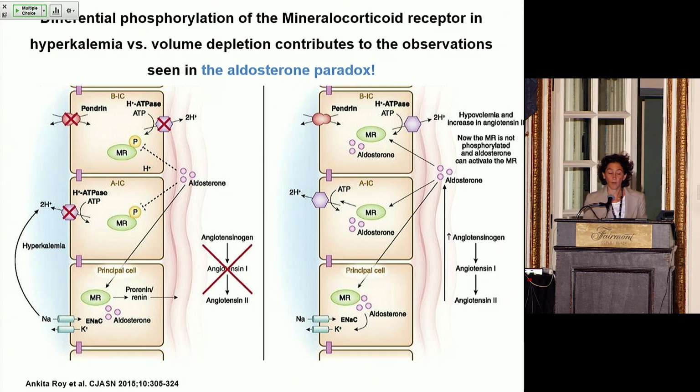It turns out that when aldosterone is turned on because of angiotensin II, angiotensin II also affects phosphorylation here of the mineralocorticoid receptor. And so then what happens is that you do not secrete potassium when aldosterone was turned on because of Ang2.